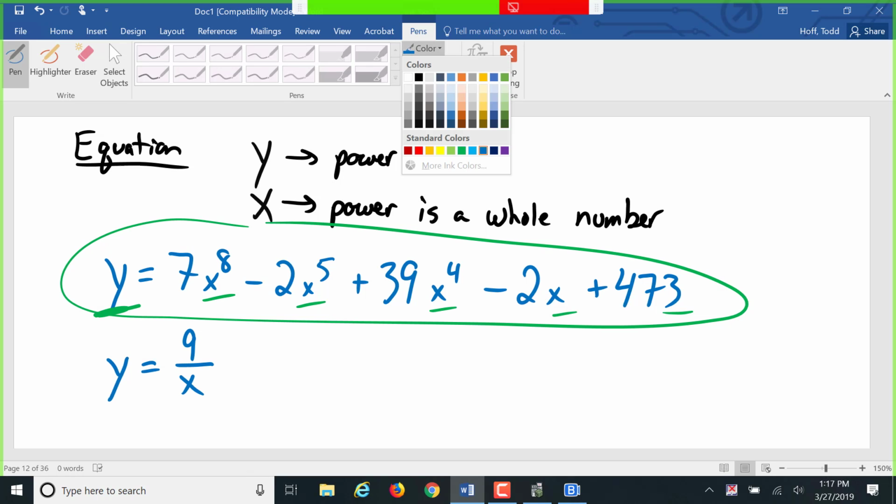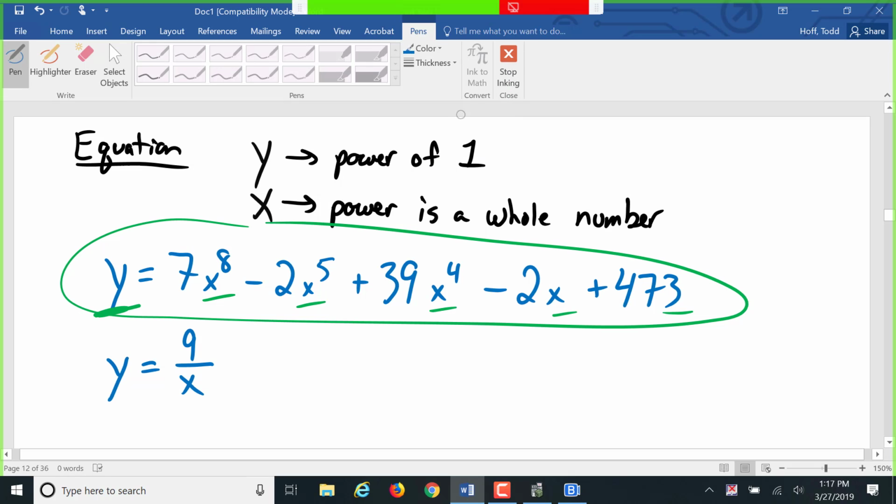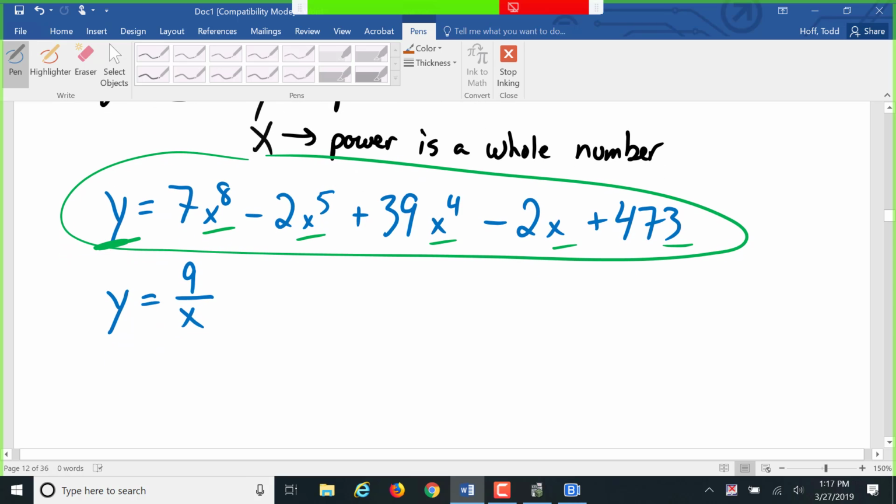Is this a function? Technically, no. You might be like, well, isn't that y has a power of 1 and doesn't x have a power of 1? No, when I have dividing by x like that, that's implying x is the power of negative 1.